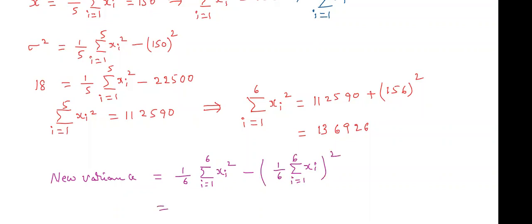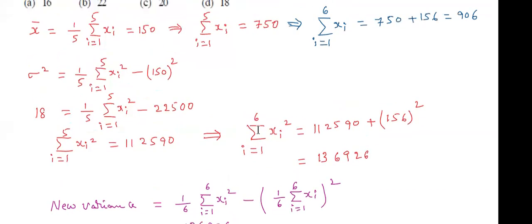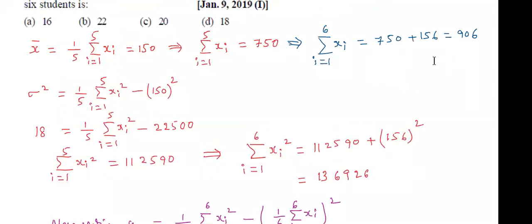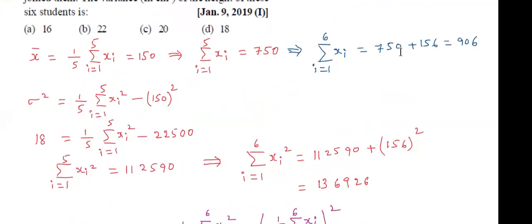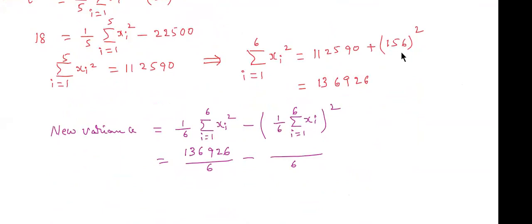Now sigma xi square value we already know, 1,36,926 divided by 6, minus here 6, sigma xi value is 906, 906 whole square. Now calculate these two items.